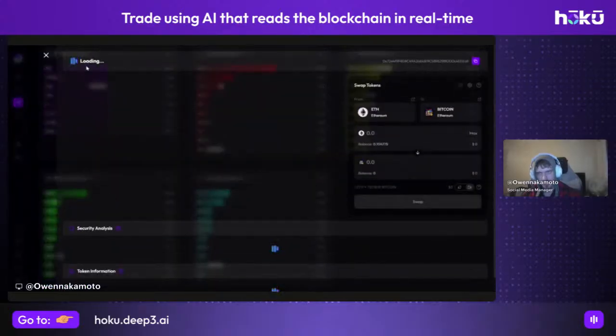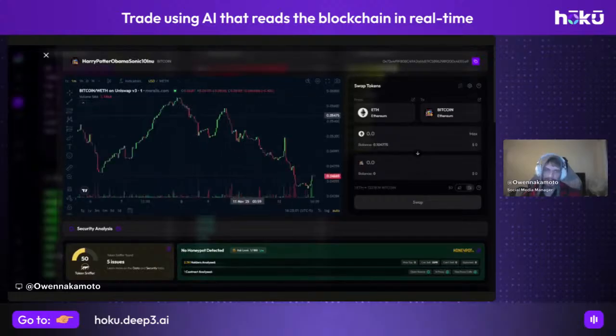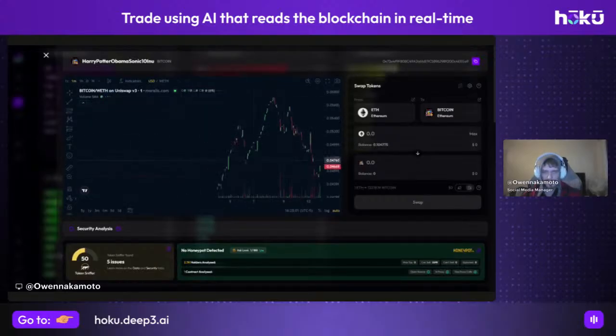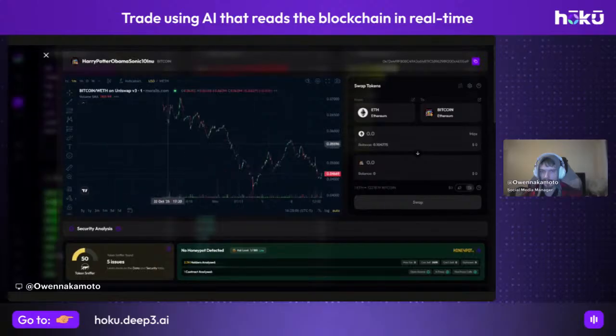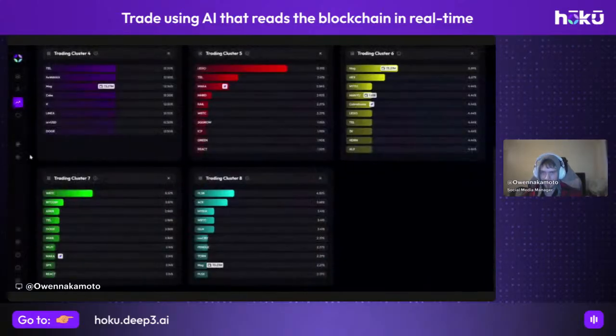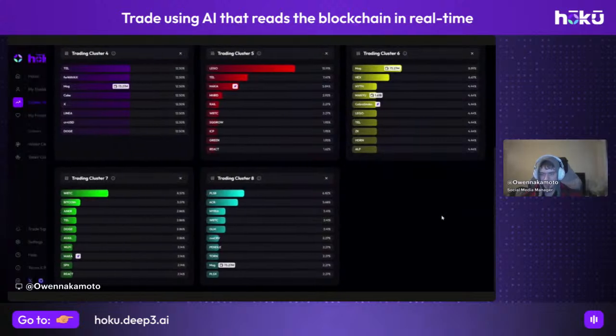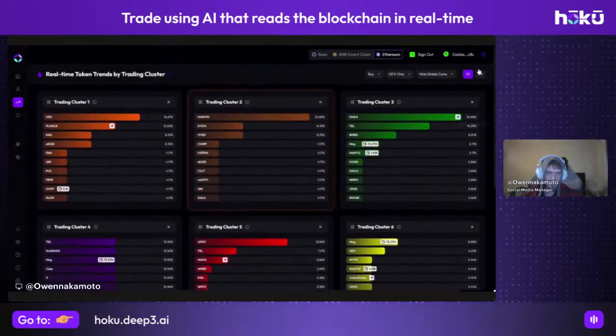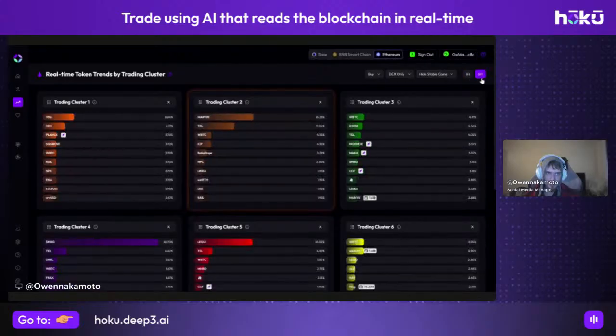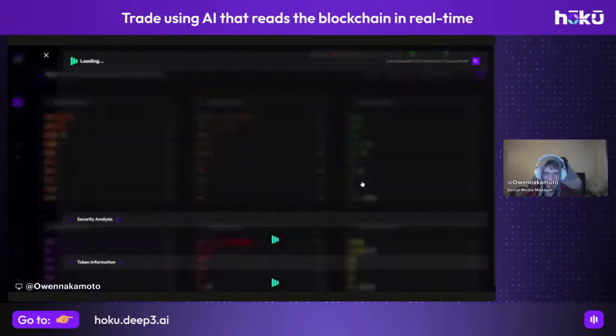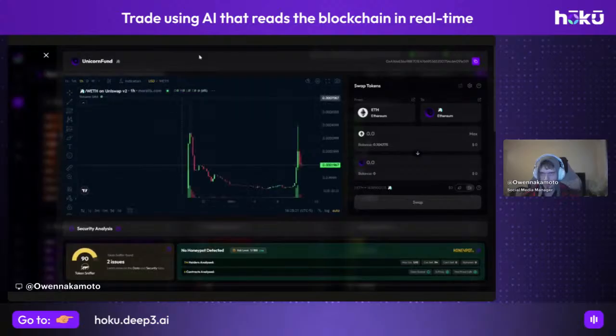Bitcoin is this Harry Potter Sonic Obama. It pops in and out, but I don't really see it trending on the trade signals. Let's go to the 6-hour time frame because this is all the short. It's just unicorn emoji. Unicorn fund.